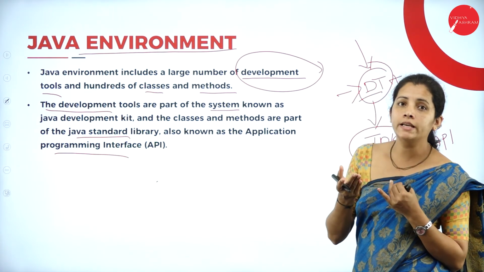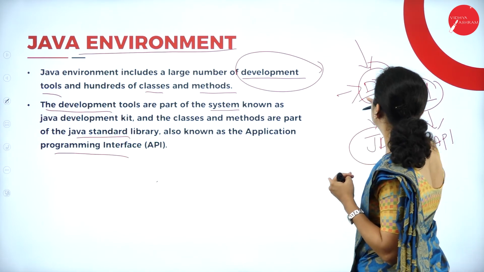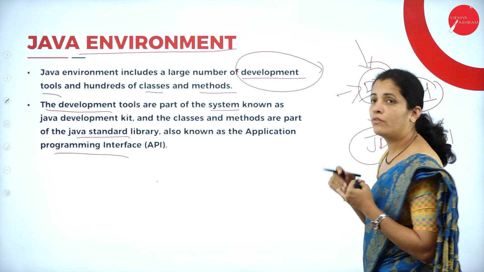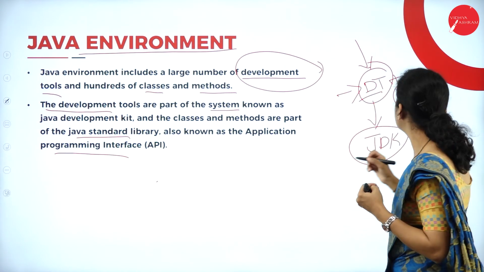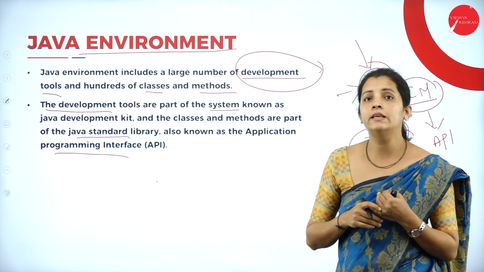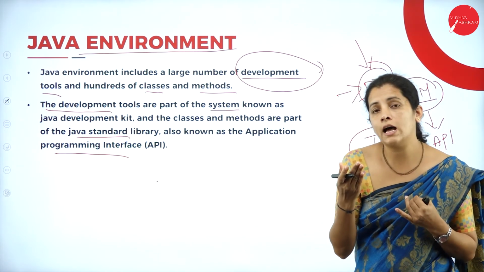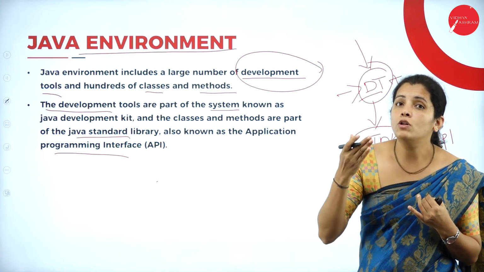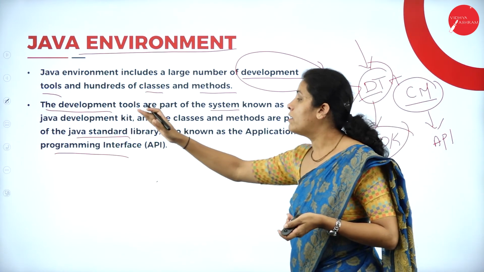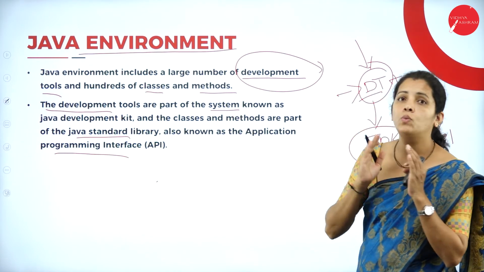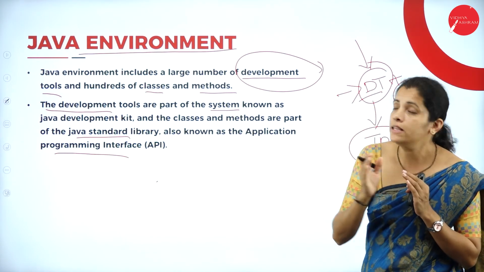What is JDK? That is the development tool, which is part of the system, whereas API is nothing but the thousands of classes as well as methods, and it's also called the Java standard library.